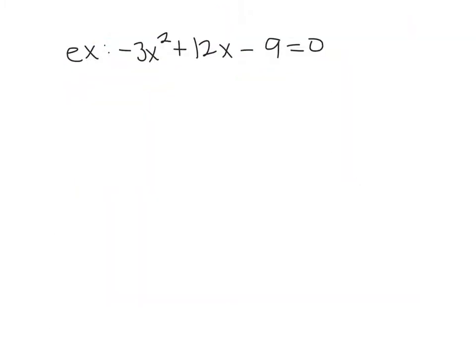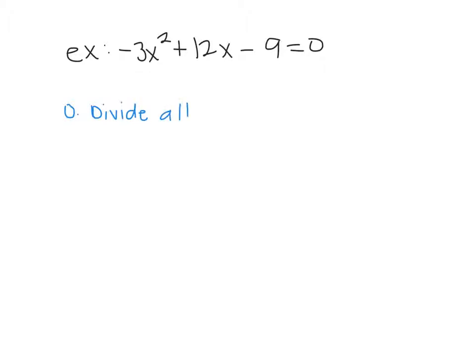Okay, let's look at this example. We need to add a preliminary step here because you'll notice that the leading coefficient is not a 1. In other words, a is -3, it's not 1. And to do the completing the square method, we want the leading coefficient to be 1. So to get it to be 1, we need to divide all the terms by whatever a is, whatever that leading coefficient is.